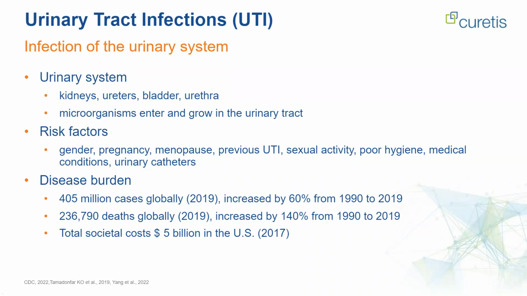The increased cases and deaths from 1990 to 2019 are likely caused by increasing antibiotic resistance and the aging population. The estimated total societal cost in 2017 in the US reached nearly 5 million, including direct medical costs such as hospitalization and indirect costs such as time off work.